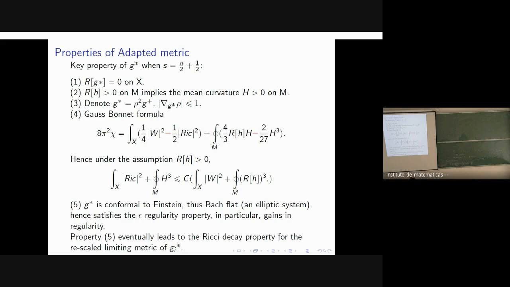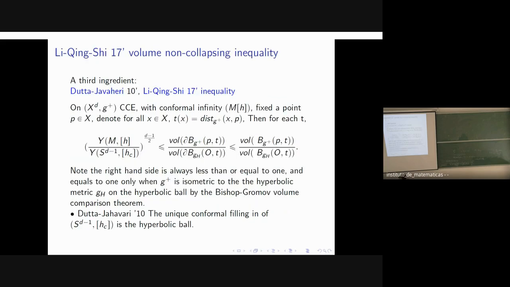Now there is a third ingredient in the proof I didn't mention in my first two lectures, which I'm trying to describe now. This third ingredient is what we call the LQS inequality.